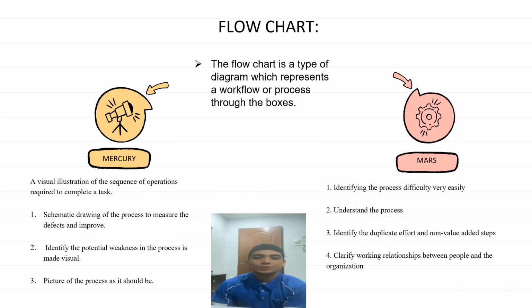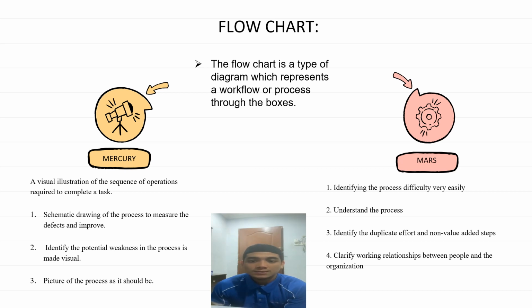Okay, next I want to present about flow chart. Okay, the flow chart is a type of diagram which represents a workflow or process through boxes. Okay, number one, a visual illustration of the sequence of operations required to complete a task.